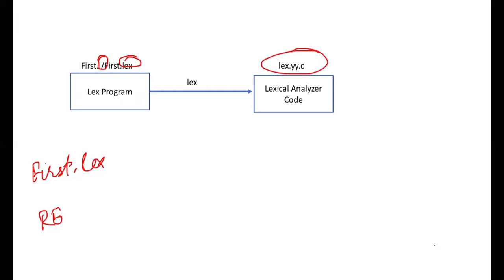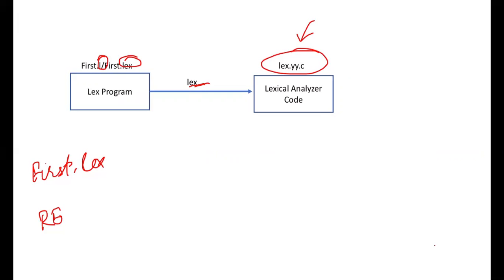Because Lex is a Unix utility, you can redirect the output to any other file with the extension .c. But if you don't give any option, then it will take the form lex.yy.c.